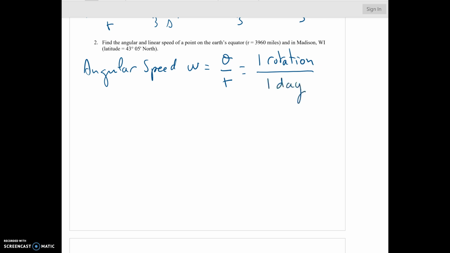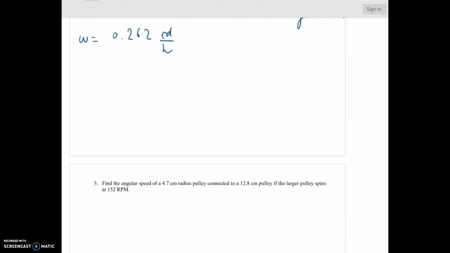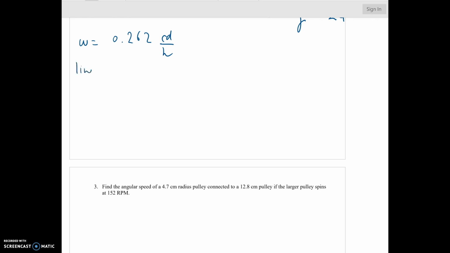There is one rotation per day, which is basically a 2 pi angle divided by 24 hours, because 1 day equals 24 hours. That means the angular speed of a point on Earth is equal to 0.262 radians per hour.